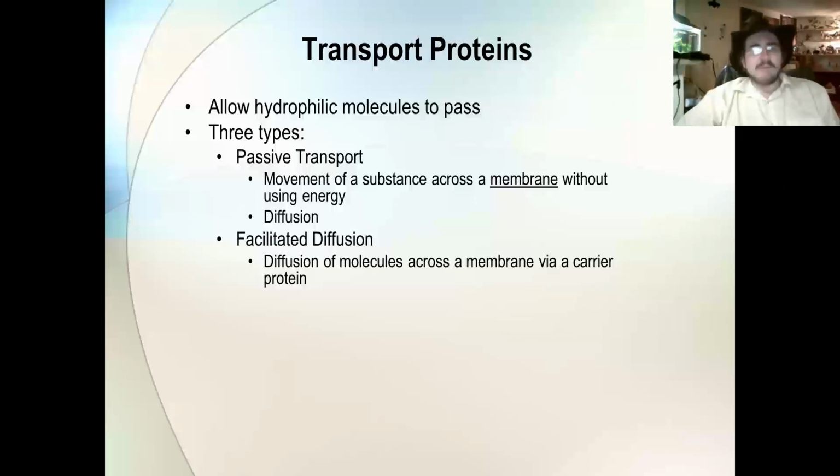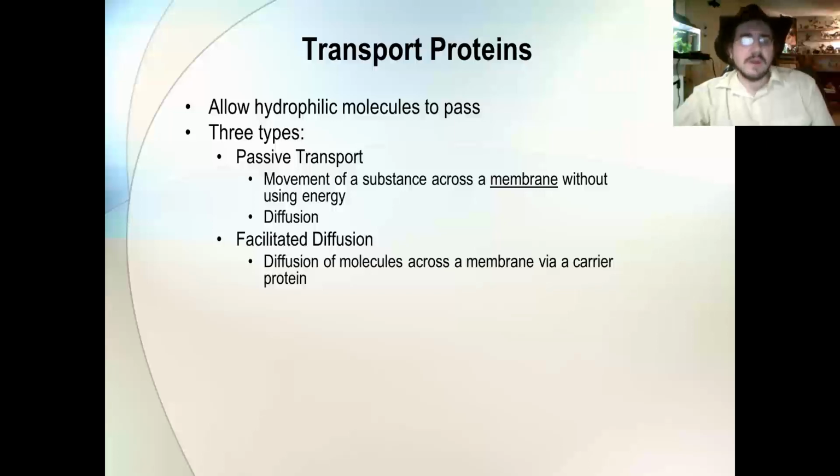Now, both passive transport and facilitated diffusion move things along their concentration gradient. They follow the rules of diffusion. Because they follow the rules of diffusion, they do not require energy. So they do not require energy.